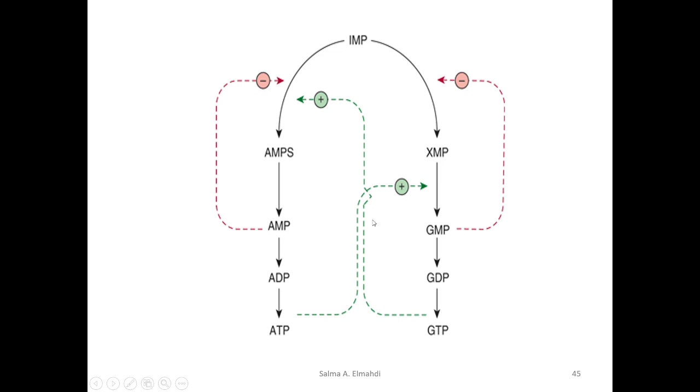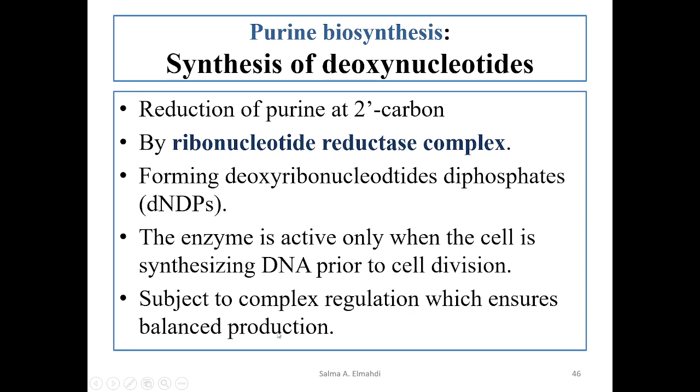So GTP here can activate this pathway, and ATP here can activate this pathway. This ensures almost equal molar production of the two nucleotides at the same time, because if you want to synthesize a nucleic acid, you need A for G and G for A, so they must be present at equal concentration to be used as building blocks for nucleic acids.